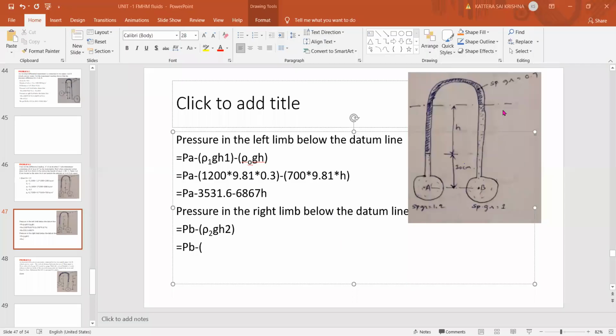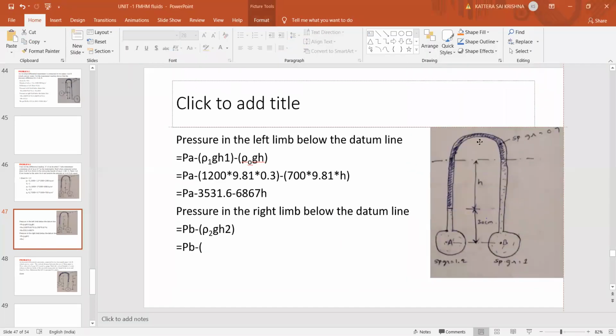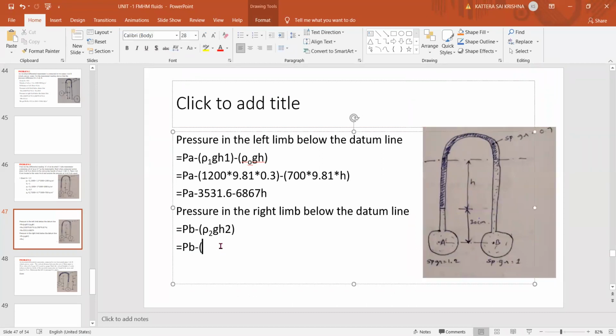I don't know, something happened. Okay. What is the rho 2 value? What is the fluid flowing here? What is the specific gravity? 1000. So 1000 into 9.81 into H2. Now tell the H2 value. What is the height of this? H plus 30, 0.3.